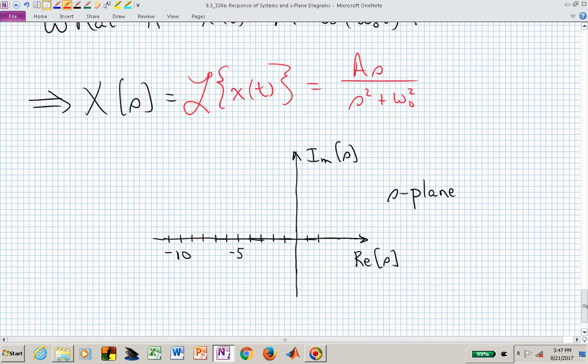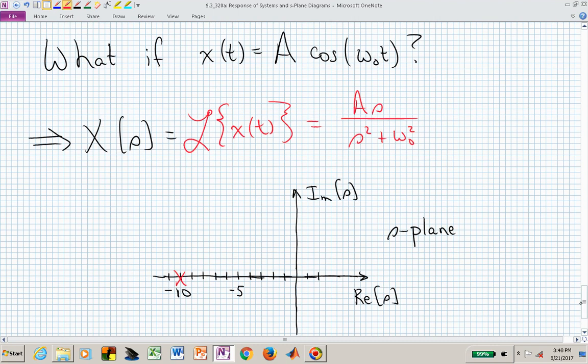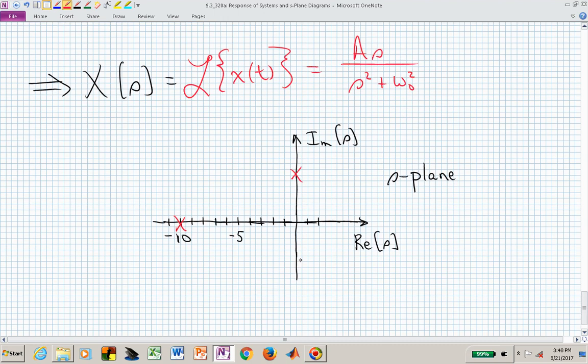And if we had our same low-pass filter, which had a pole at -10, what's going to happen when we excite it with a sinusoid? Where are the poles located for this time domain waveform little x of t? If you find the roots of the denominator of capital X of S, you will find that you now have complex, purely imaginary poles at plus j omega naught and minus j omega naught.